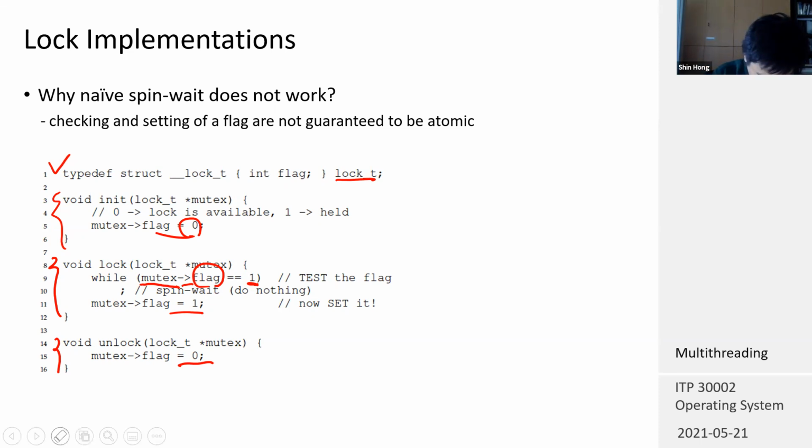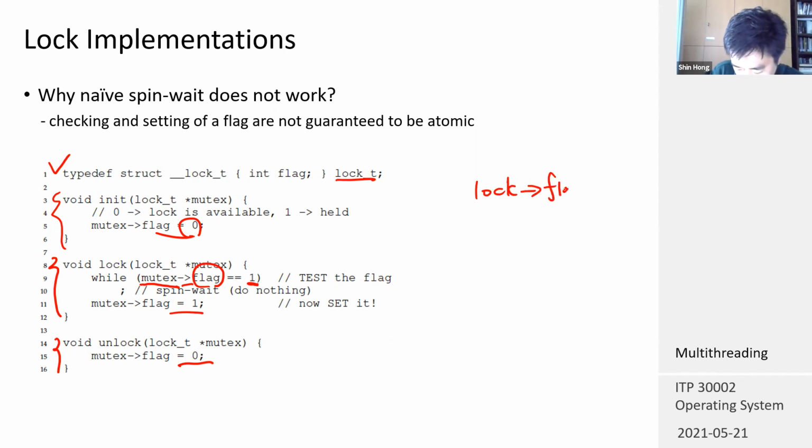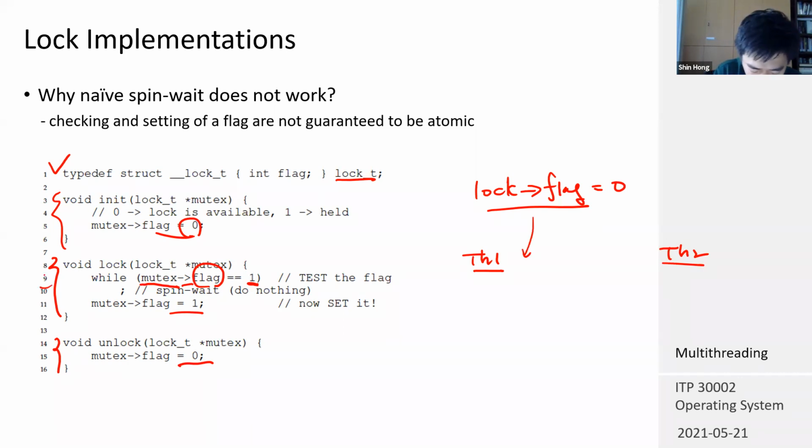For example, suppose that the lock flag is 0 and thread number 1 and thread number 2 both check this variable at line number 9. In this case, both of them see the flag being 0.